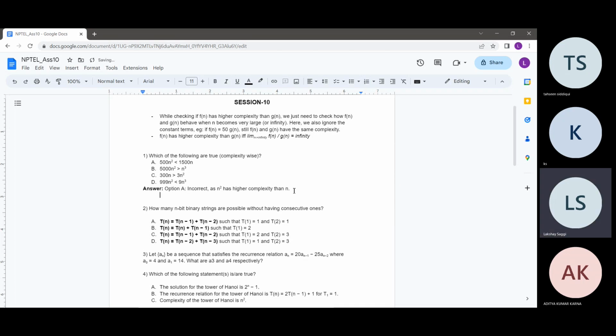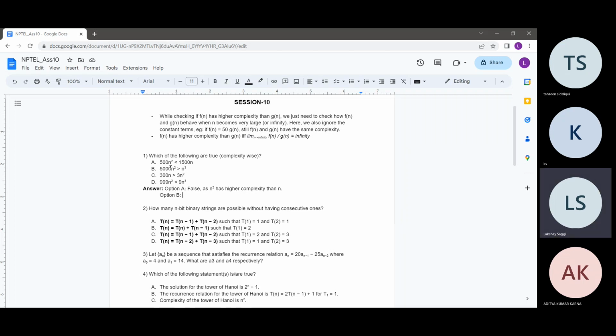So all sorts of arguments work here, you can just argue it using limits. You can also say directly that n square goes faster than n, and both the explanations work fine. So option B is maybe I just write this as not true, but as false. Not incorrect.